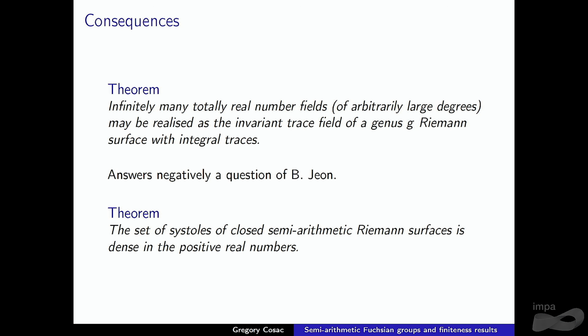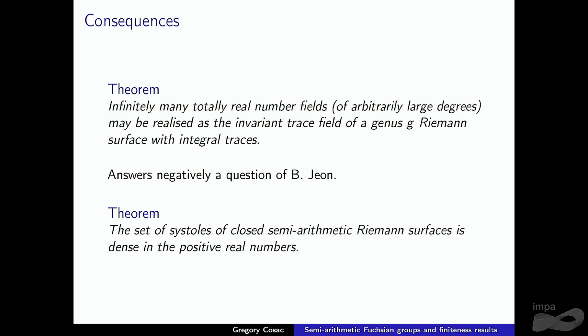And it was conjectured that for a fixed genus, you could have at most finitely many totally real number fields being realized, and this construction shows that you can have infinitely many.